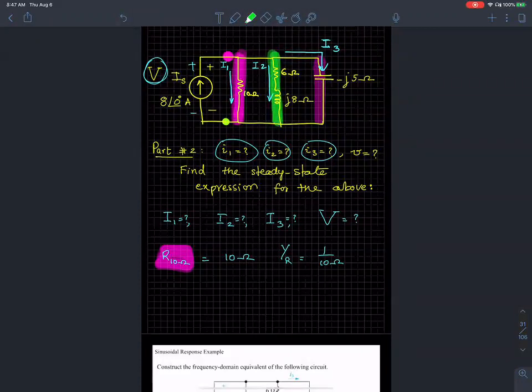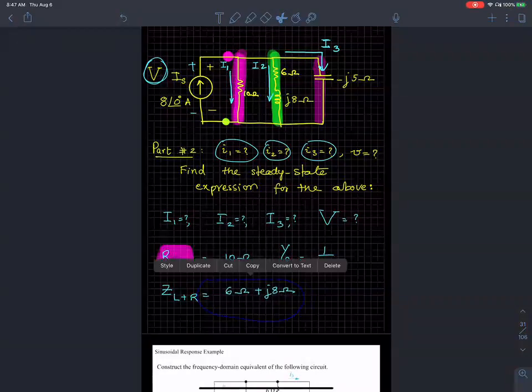In this branch, the overall impedance is the impedance of the inductor and resistance in series. So that's going to be 6 ohms for the resistance on top plus j8 ohms. That's the overall impedance of this branch.